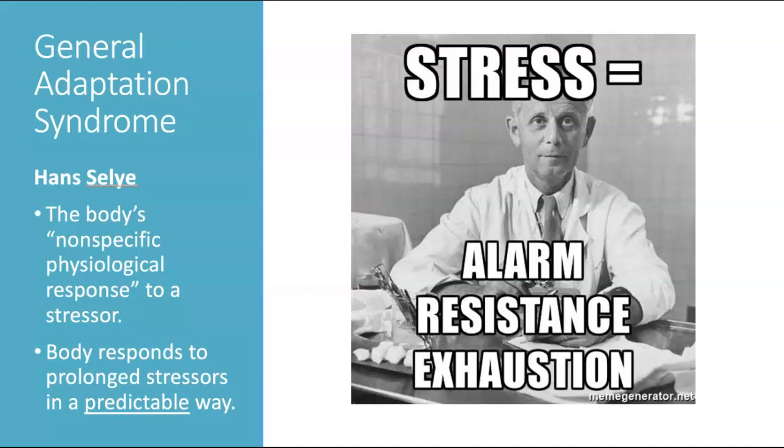At this point, the body maintains a high level of arousal, but it starts to adapt or readjust. And so as much as it remains alert and aroused, the physiological reaction diminishes. It's not quite as intense anymore. Now, one of the issues with that, when you're in this state of resistance, is that the body can no longer address new stresses. Because if you're already in a state of heightened stress, your body is already physiologically aroused to deal with that.